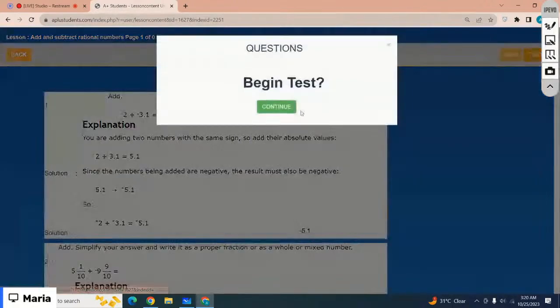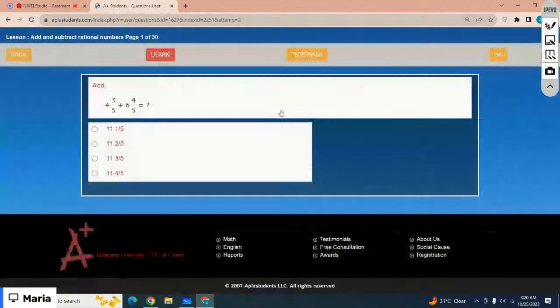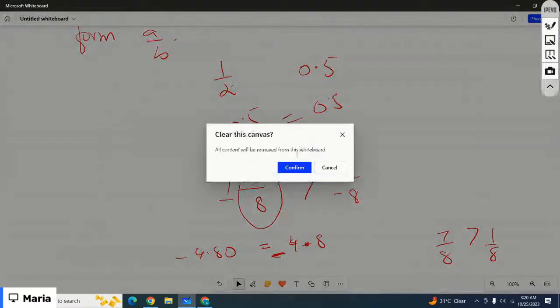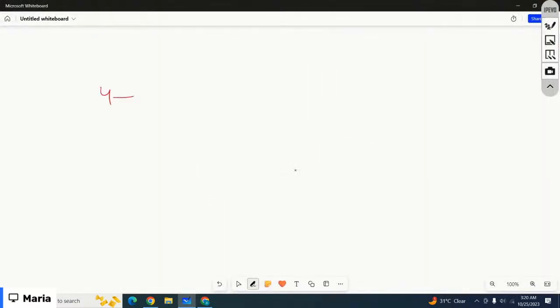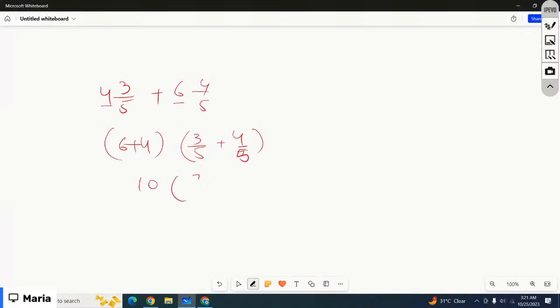Let's just start with the test question. Okay, 4 whole 3 over 5 plus 6 whole 4 over 5. Let's just add. Add the whole numbers 6 plus 4 and add the fractions 3 over 5 plus 4 over 5. 6 and 4 is 10, and 4 plus 3 is 7 over 5, but the numerator is greater than the denominator.